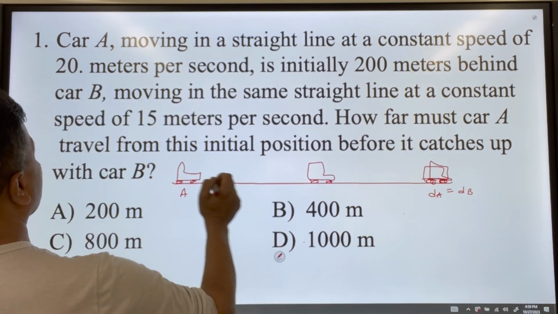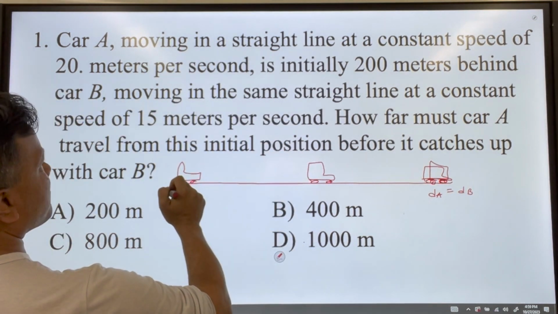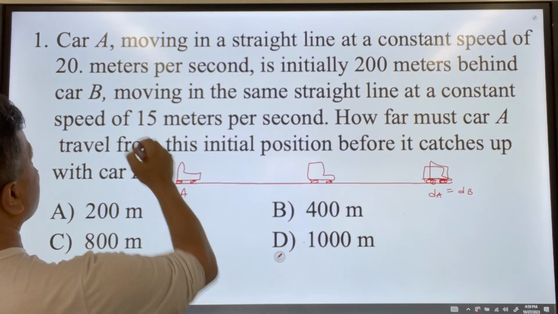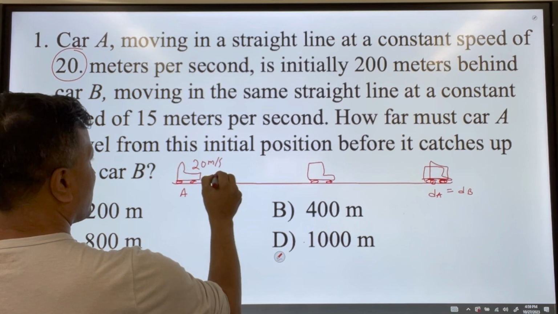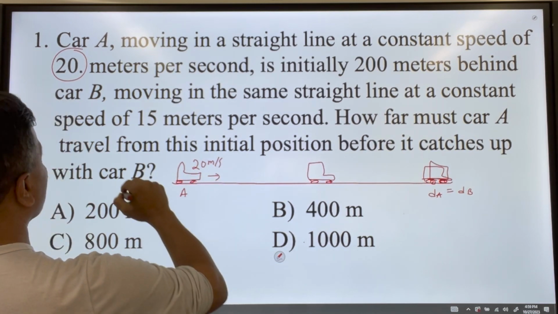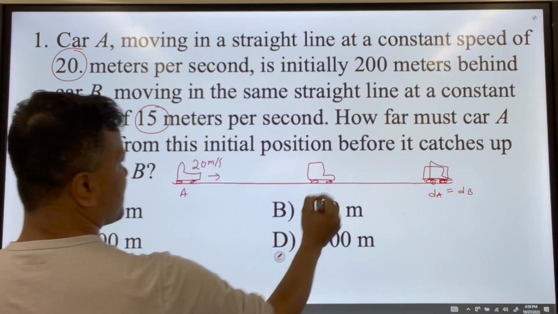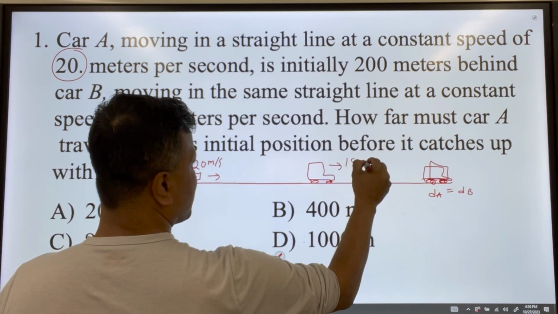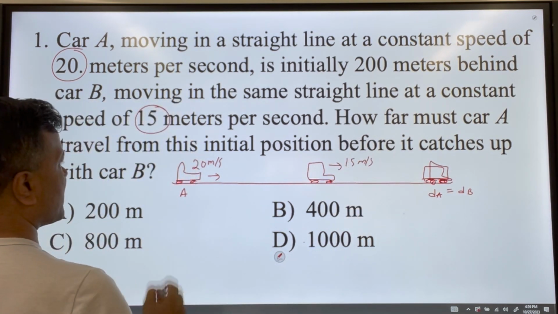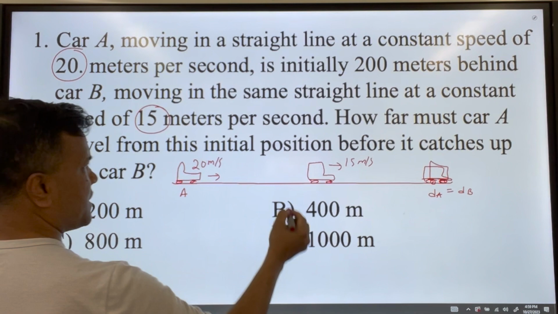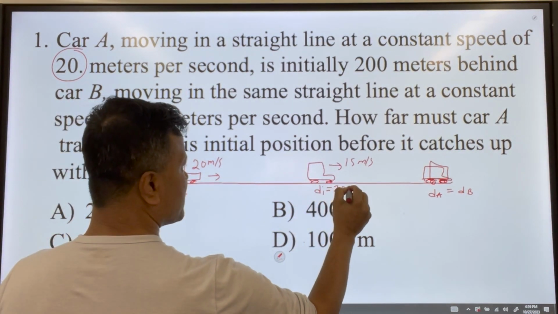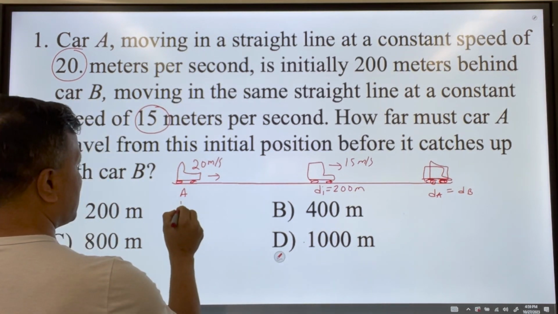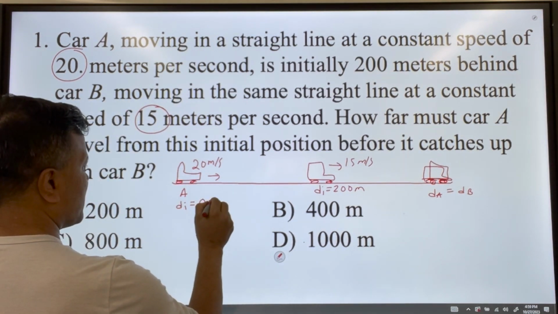It shows that car A moves with 20 meters per second, and car B moves with 15 meters per second. And car B has some head start. So we're going to call it DI is equal to 200 meters, and DI for car A, we're going to call 0 meters.